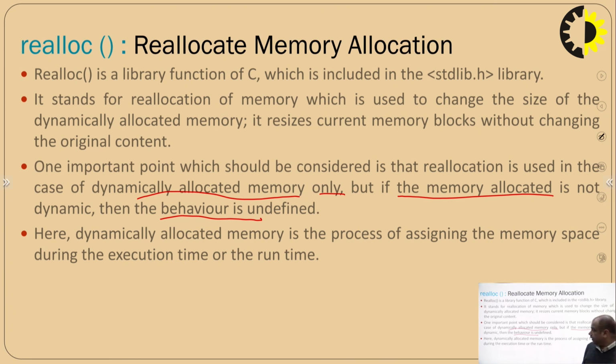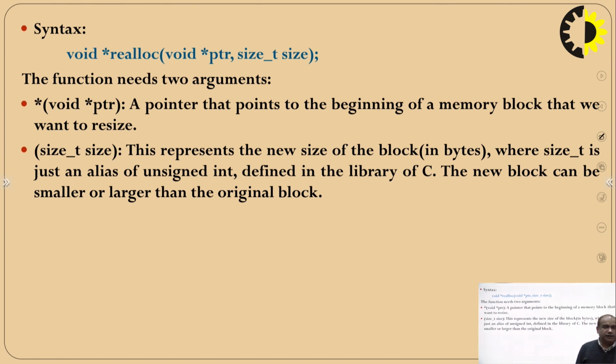Dynamic memory allocation is the process of assigning memory space during the execution time, or at run time. The general syntax for realloc is void pointer realloc, with the old pointer and the size of the new block.